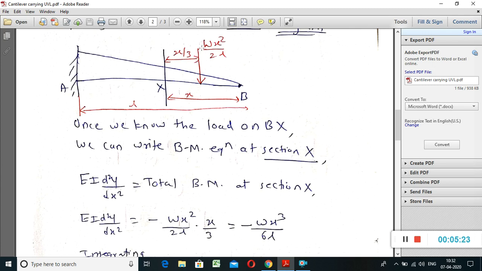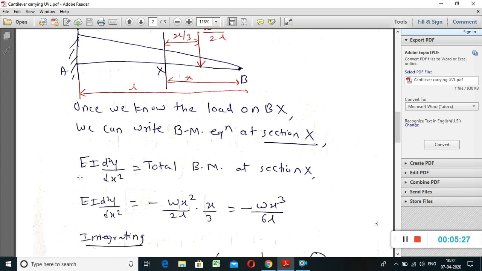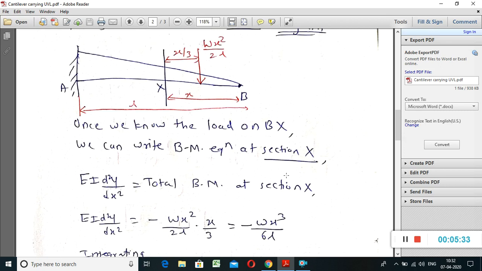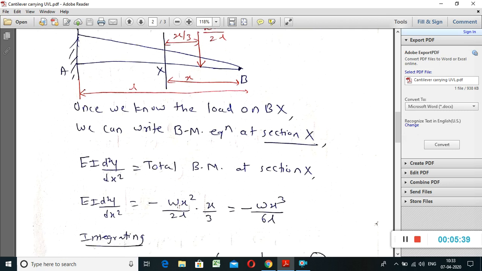It is always force into distance. So EI d square y by dx square is equal to the total bending moment at the section x. It is nothing but Wx square by 2L into x by 3. That becomes Wx cube by 6L. The minus sign shows the downward moment.